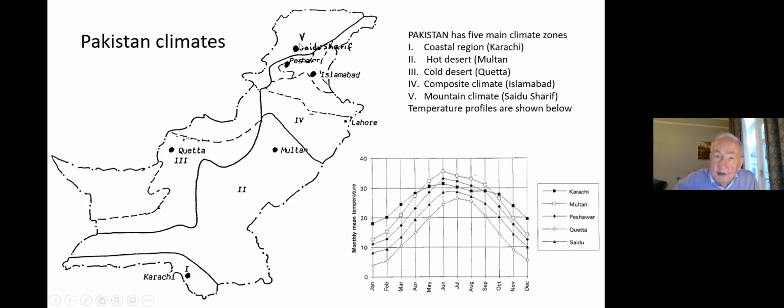It's in the foothills of the Himalayas, so it doesn't really get very cold in the winter, but nevertheless it's cooler than the neighbouring areas. And then the coldest is Quetta, which is the one in the southern mountains.